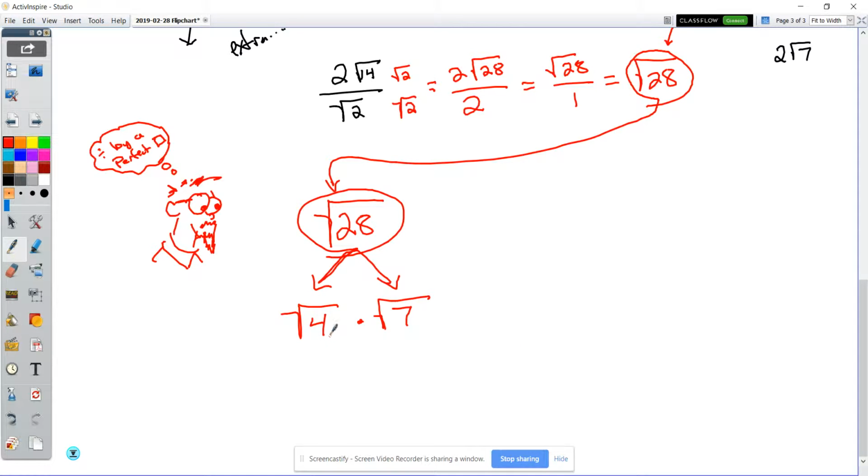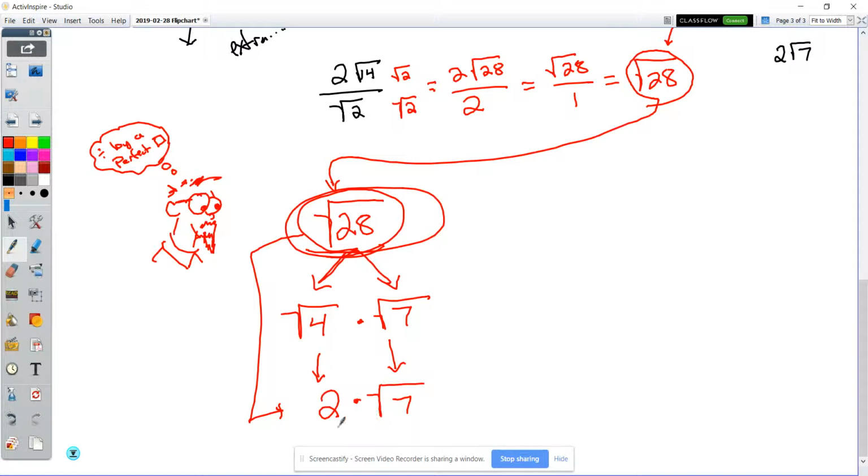It's a special number. I can actually do the square root of 4. The square root of 4 comes out exactly as the number 2. The square root of 7 does not come out exactly as anything. It's a never-ending, never-repeating decimal, so I'm going to leave it as the square root of 7. So the square root of 28 simplified is 2 times the square root of 7, which is exactly what we had up here.